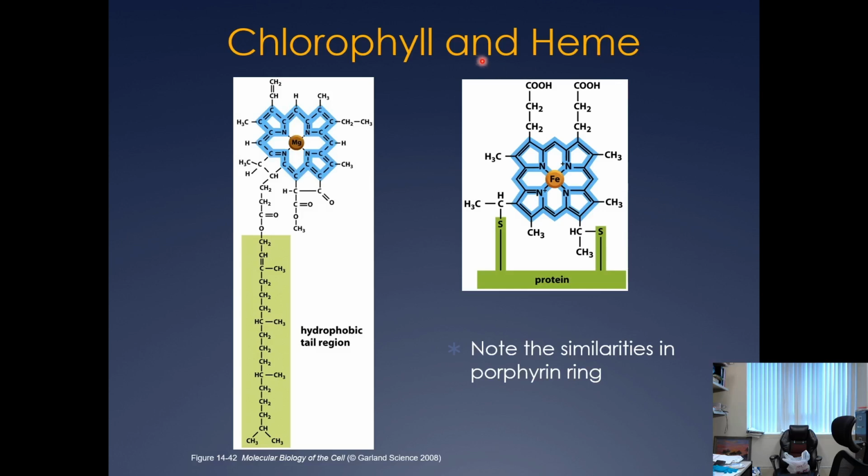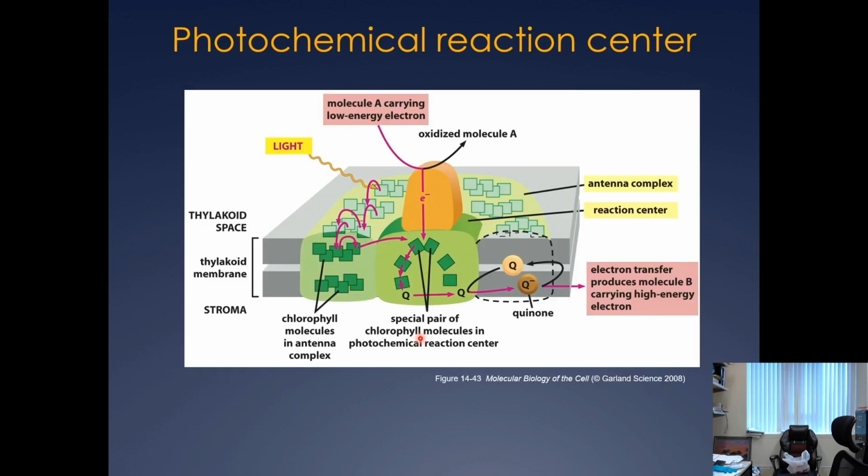Now, the electron transport chain in chloroplasts is somewhat similar to what's happening in mitochondria, except they tend to use chlorophyll. Here's just the chlorophyll molecule. It's got a nice hydrophobic tail and a central magnesium, but it is very similar to the porphyrin ring in heme proteins. This being cytochrome C here, I believe. And so what ultimately happens is plants in photosystem 1 and photosystem 2 will absorb light energy with the chlorophylls.